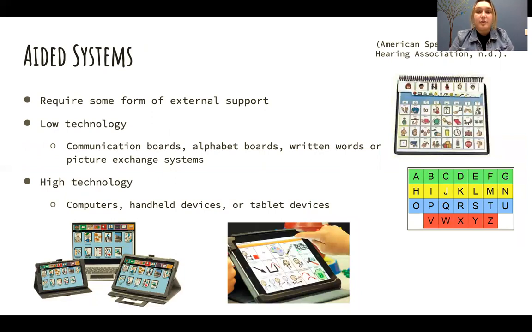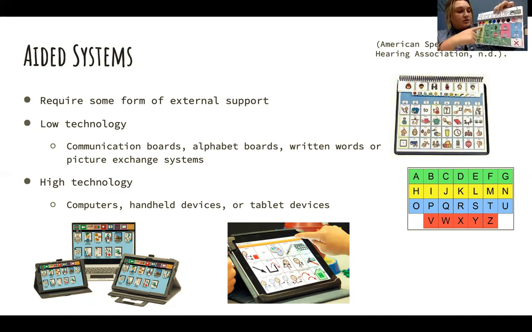Aided systems include approaches that require some sort of external support, and these can either be low technology or high technology. Low tech items are things such as communication boards, alphabet boards, written words, or picture exchange systems. And then I do have this, and this is an example of a communication board, and it's low tech, which is paper.